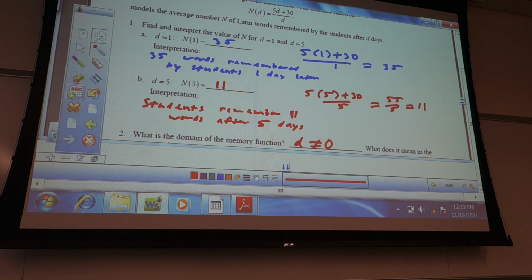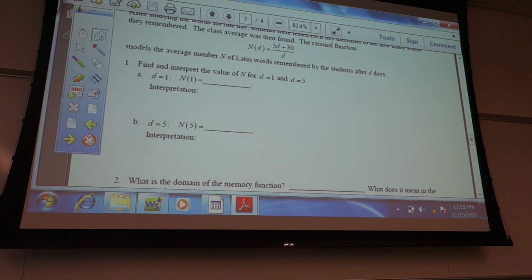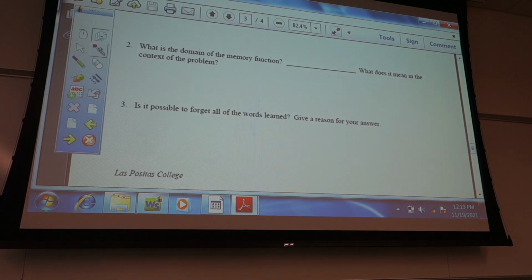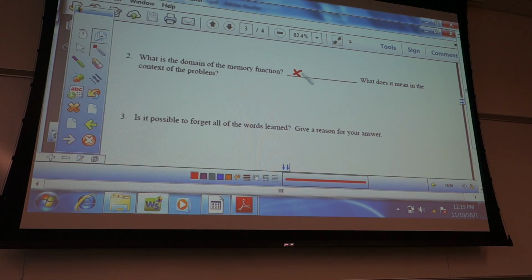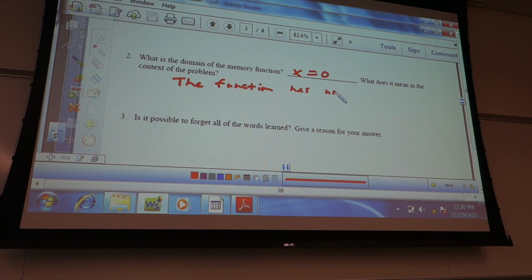What does it mean in terms of this one? You know, it's like you can't really talk about the 0 days at the very beginning. I guess it doesn't have meaning. I guess you could say X can't be 0, so the function has no meaning the day the words are learned.